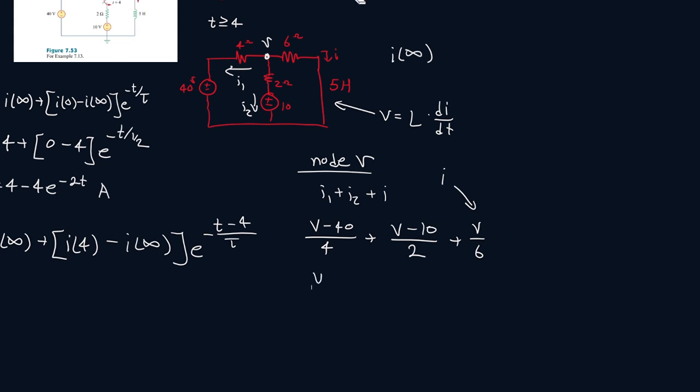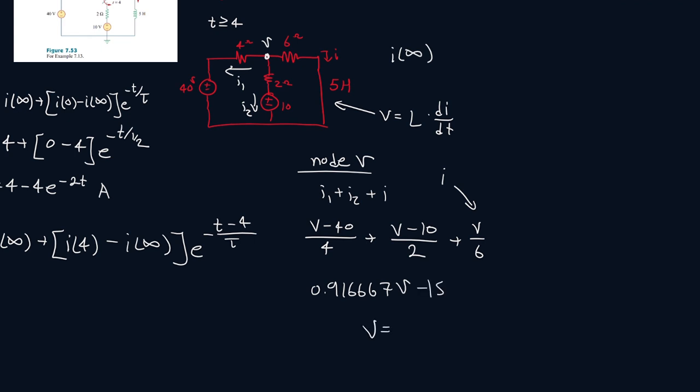So let's add up all our V's. So V over 4 plus V over 2 plus V over 6 is 0.916667 V. Then we have minus 40 over 4 plus minus 10 over 2, which is minus 15.